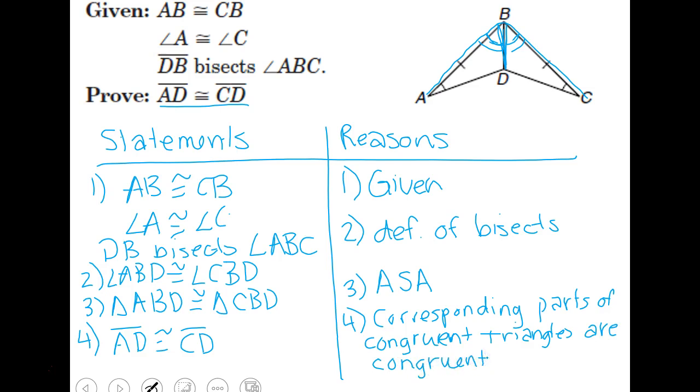Okay, so corresponding parts of congruent triangles are congruent. I will let you abbreviate this to CPCTC, but make sure you know what that stands for.